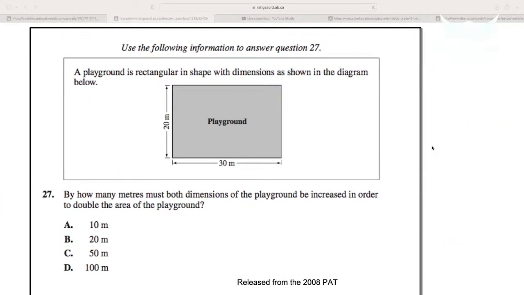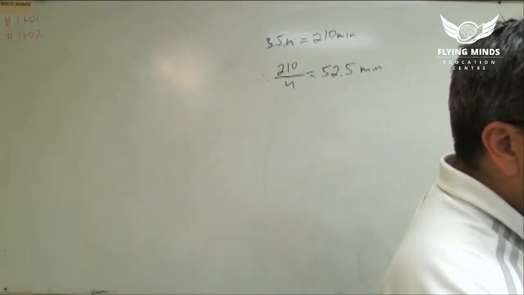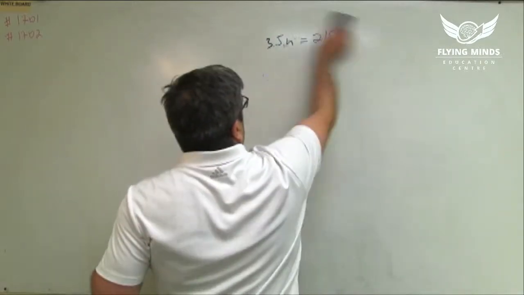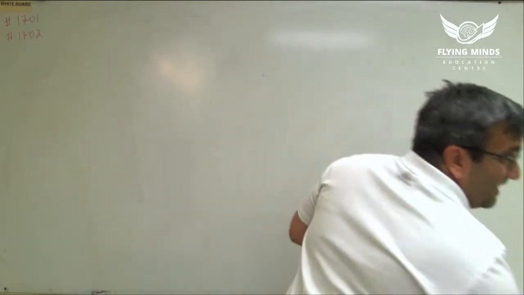Playground. A playground is rectangular in shape with dimensions as shown in the diagram. By how many meters must both dimensions of the playground be increased in order to double the area of the playground? Okay. Let's see.